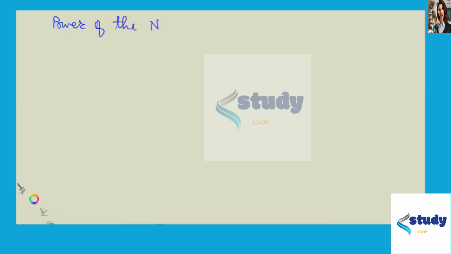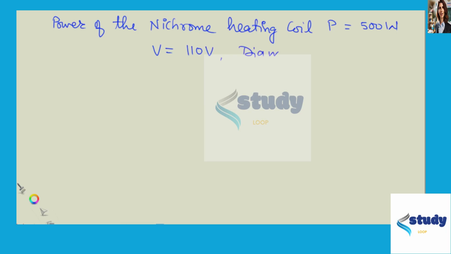Here in this given problem, power of the nichrome heating coil is given as P is equal to 500 watt. The voltage applied across it is 110 volt, and its diameter is 0.500 millimeter.